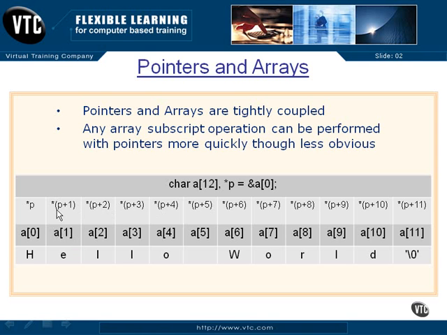We have to use the parentheses because of the relationship of the asterisk and the addition, so that we get the right form, what we wanted. We don't take the value out of here and add 1 to it. We want to add 1 to the pointer and then dereference it, get the contents of the pointer incremented by 1.